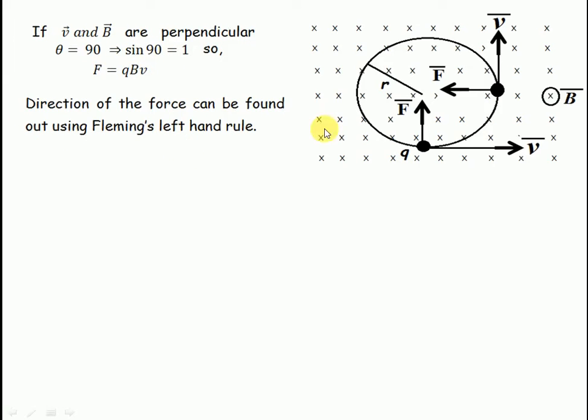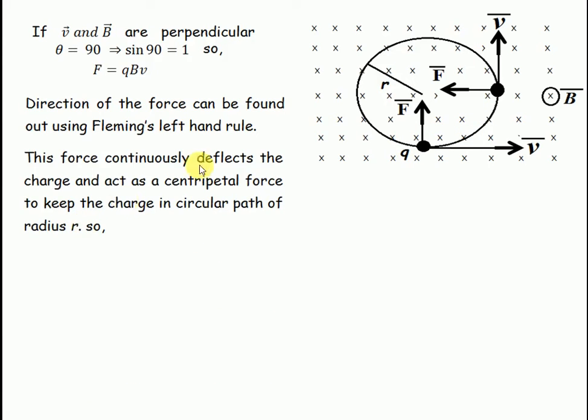Now let's find the direction of force. This direction can be found by using Fleming's left hand rule, and we have already seen that when a charge moves in a uniform magnetic field, it follows a circular path. This force continuously tries to keep the charge in a circular path by giving the necessary centripetal force.